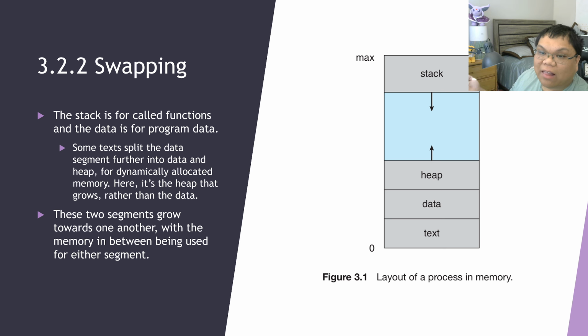The stack is used for keeping track of where you are when you are calling functions inside of functions inside of functions. So the stack is there to keep track of where you are in this chain of functions calling functions. The heap is there for memory that is dynamically allocated. And they grow towards one another.